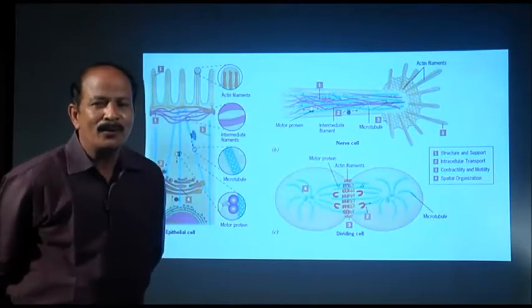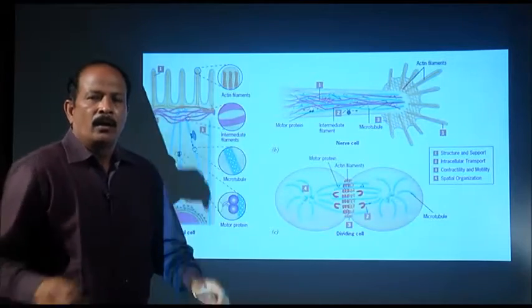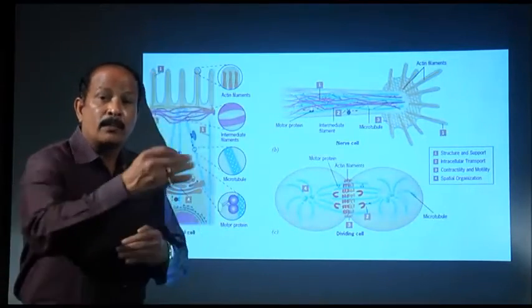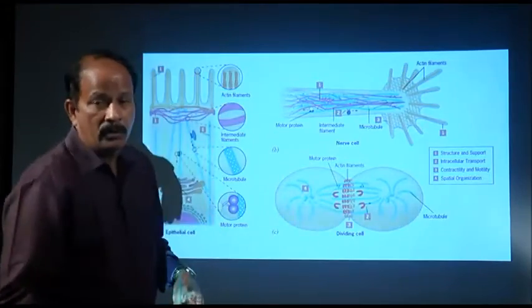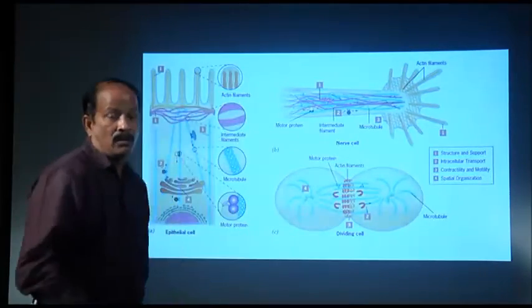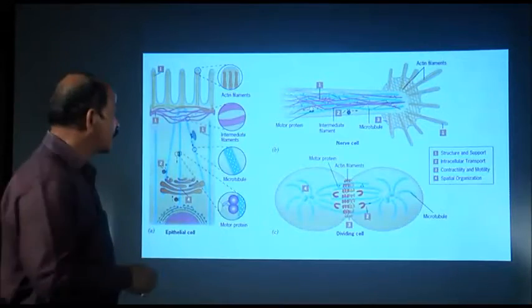In the beginning I told you they assemble very quickly, meaning they increase in length and they also decrease in length, and that is the dynamic nature of cytoskeleton.